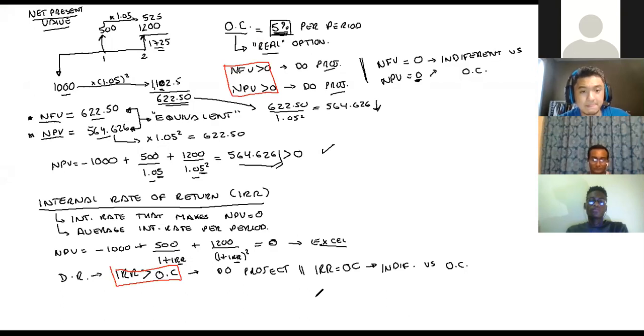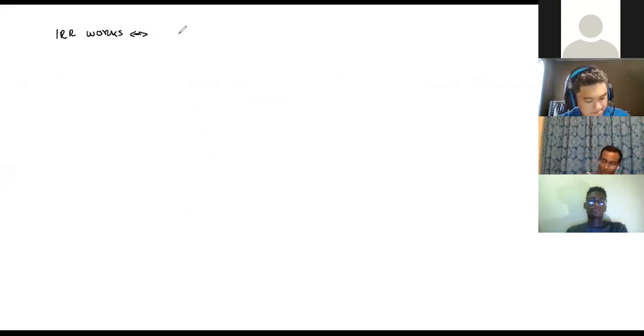Okay, so let me clear. The internal rate of return, guys, works nicely if and only if there is only one change of sign.